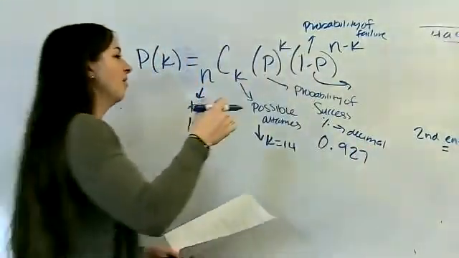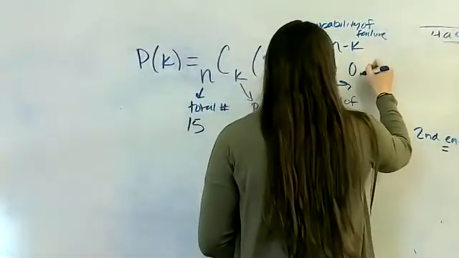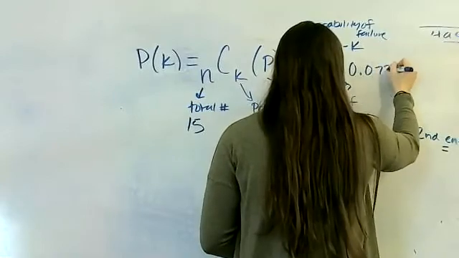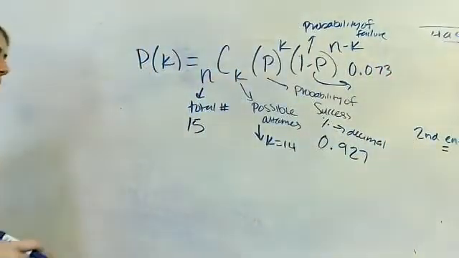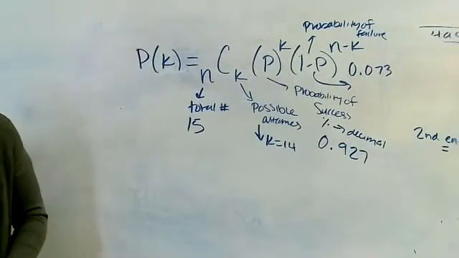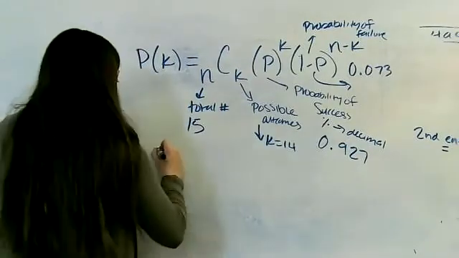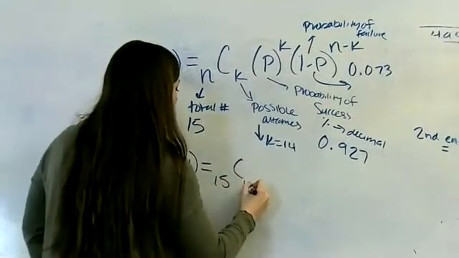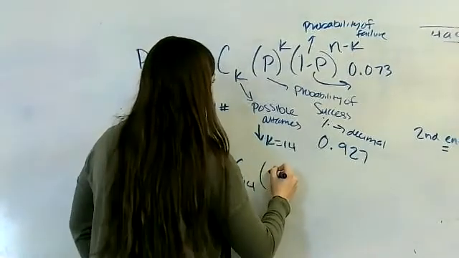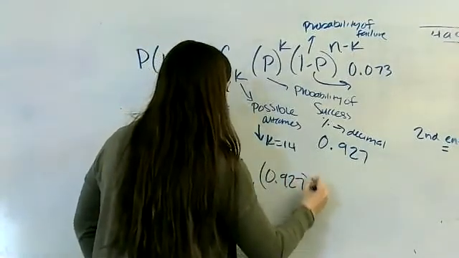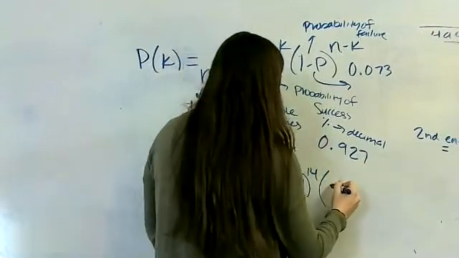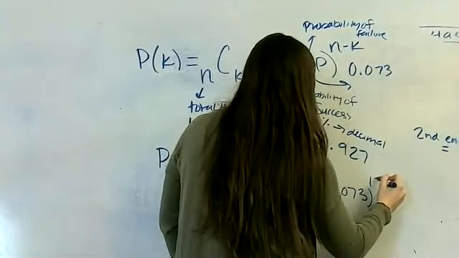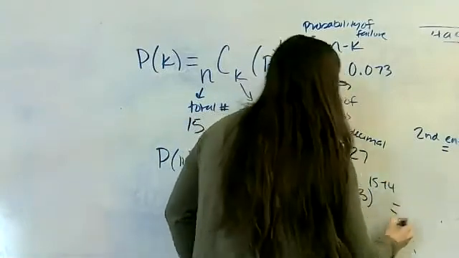So the probability of failure is 0.073. So you need to fill this in and say P of 14 is 15 C 14 with 0.927 to the 14th, 0.073 to the 15 minus 14.